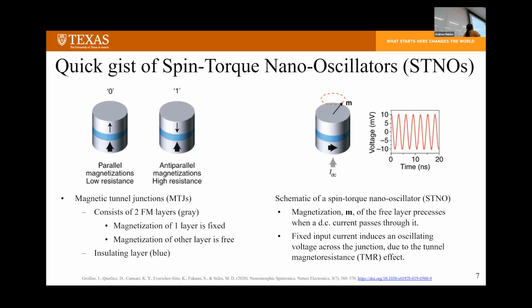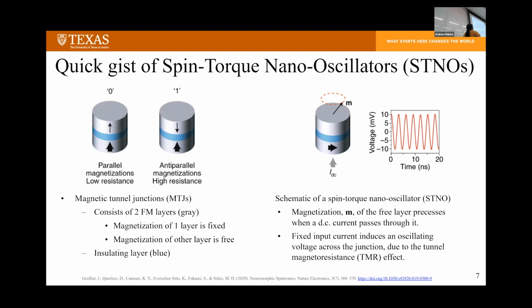What happens is that we have DC current being passed through one of the layers, which we call the free layer, and that causes the magnetization in that layer to oscillate due to spin torque effects, and the frequencies that are produced range from hundreds of megahertz up to tens of gigahertz.